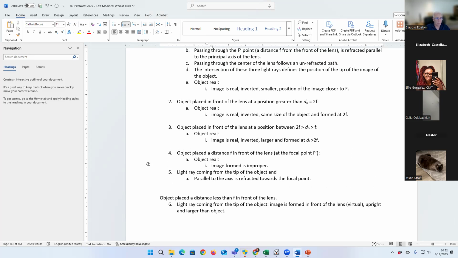Image is improper. What else I can say? Infinitely large, right? I can say that infinitely large, because the light rays don't intersect each other at the eye.